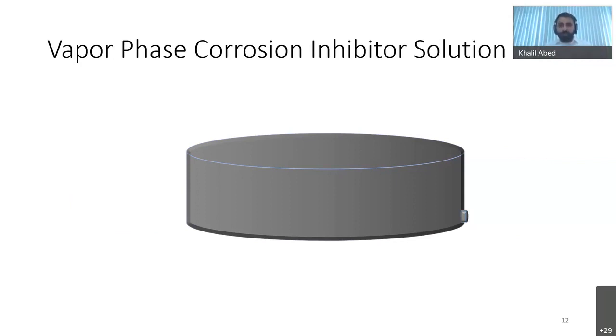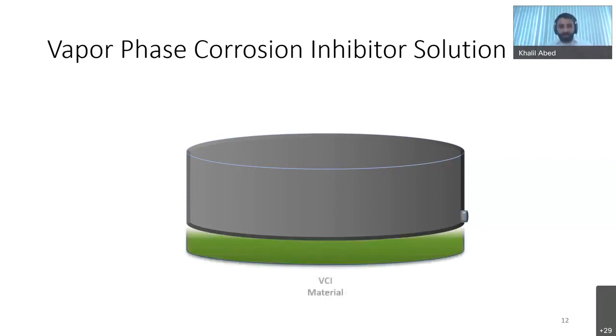The vapor phase corrosion inhibitor solution is an engineered solution to mitigate soil side corrosion on storage tank bottoms, and it's typically composed of 3 or 4 main components. The first component is the volatile corrosion inhibitor material, which can be in the form of powder or slurry, as we will see, depending on the application methodology. It's introduced under the tank, and we will see how this material can be introduced depending on the tank status, whether it's in service or out of service.